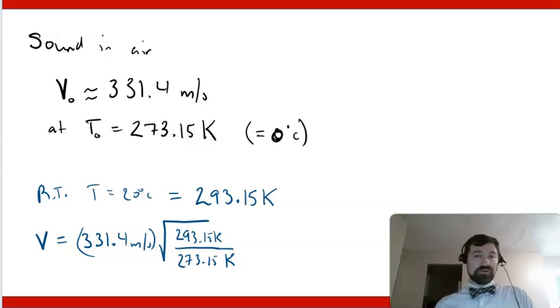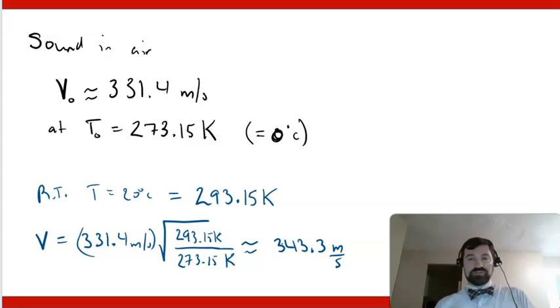Alright, so you'd want to enter that into your calculator, and what you would get is approximately 343.318, so let's call this 343.3 meters per second.